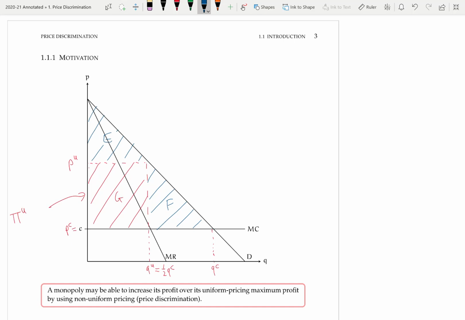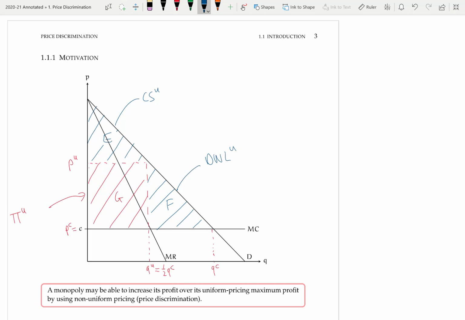That's consumer surplus under uniform pricing. So the welfare under uniform pricing is made up of areas E plus G, the consumer surplus plus the profit. So what is area F? F is the difference between the welfare under perfect competition, maximized welfare, and the welfare under uniform pricing with a monopoly. So F is what's called the deadweight loss.